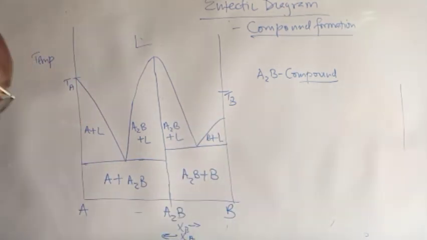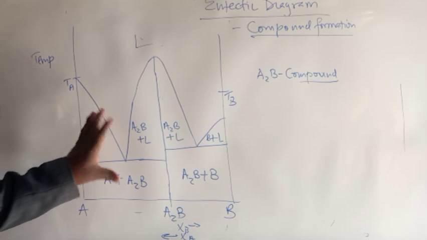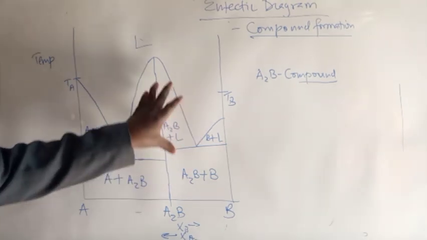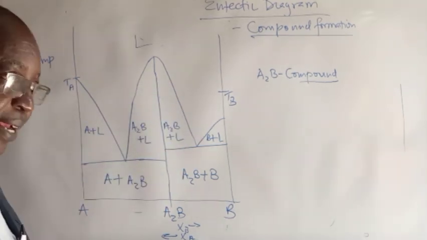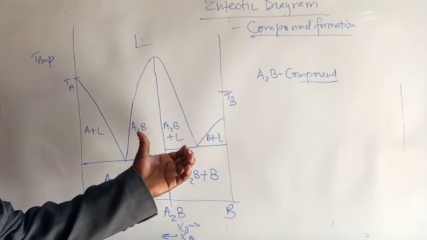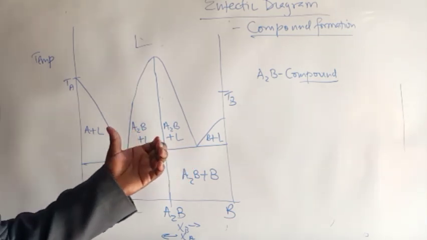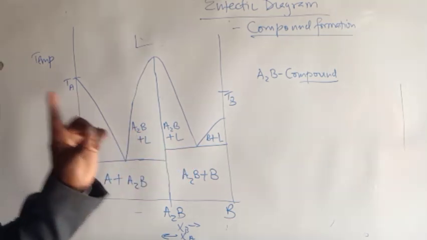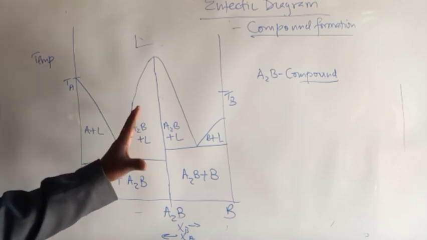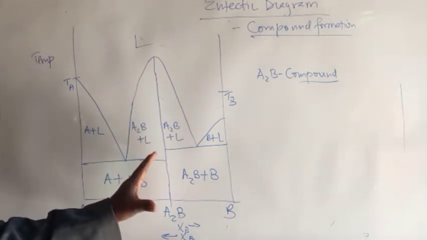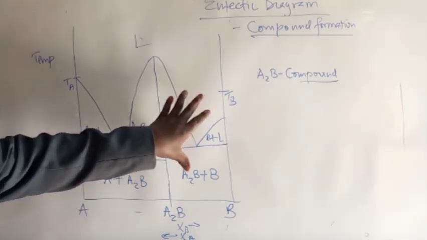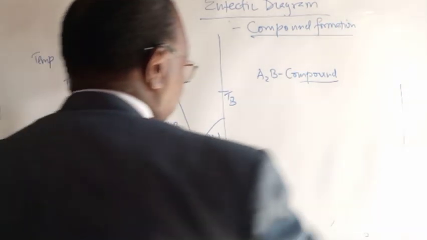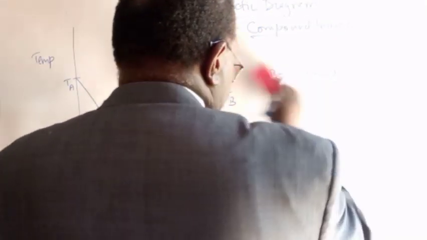So these are the compositions of the various segments in this eutectic diagram involving compound formation. So we see that in the case of a eutectic diagram involving compound formation, it's like we have fusion of several eutectic diagrams.